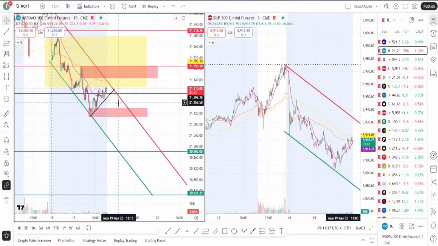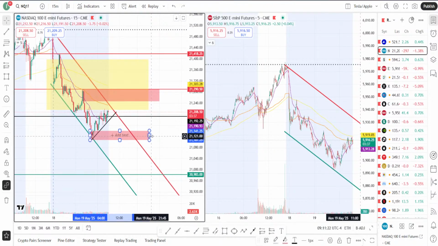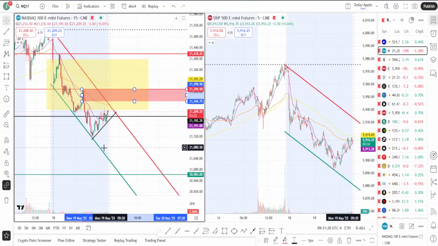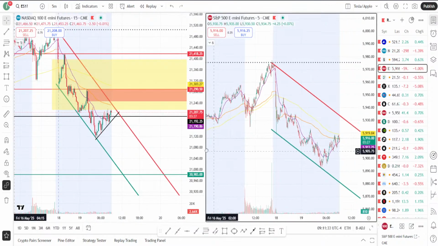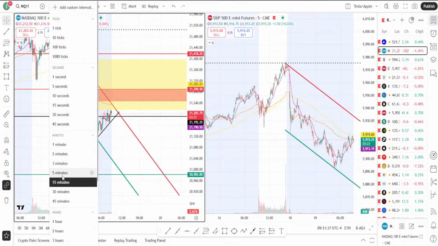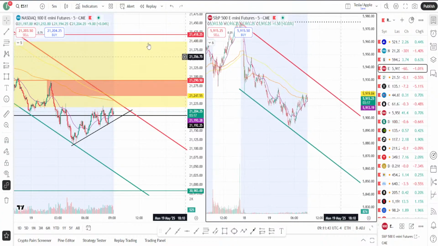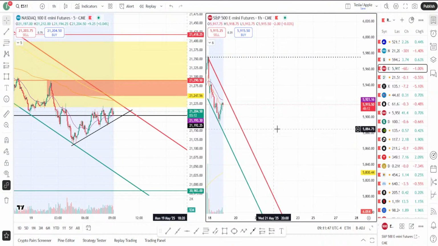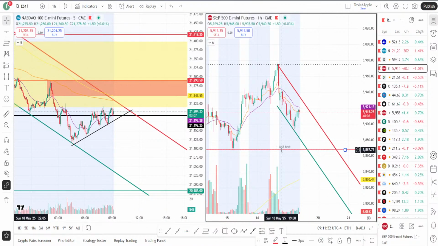Now the next thing we could do is go here to the ES and do the same thing. Same thing here on the ES. Let's go to our higher time frame, specifically the hourly. Mark our highs and lows. Support.